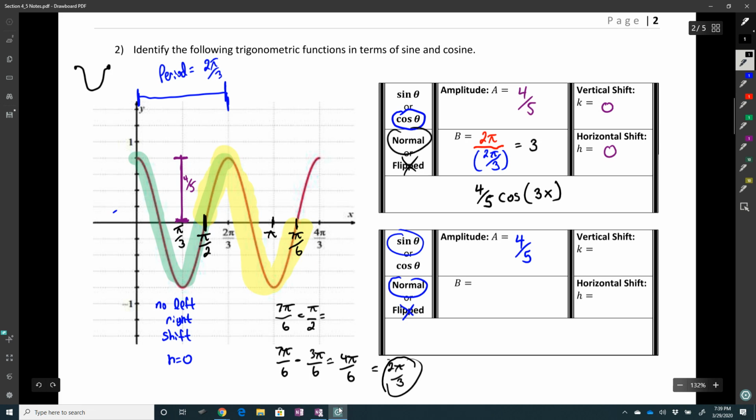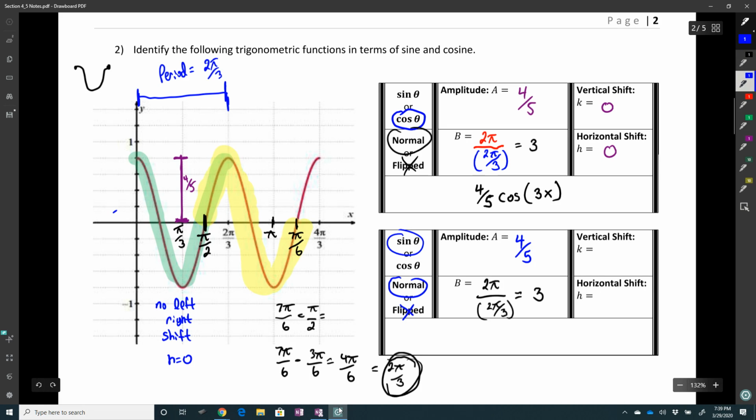So notice that it's the same one. In the next example, say if you're dealing with the same wave, the period's going to be the same. So I'm not going to have to redo the calculation every time. But I know that the period, so it's still going to be 2 pi over the period. And that's still going to be 3.